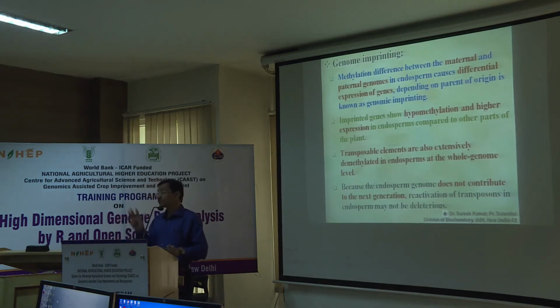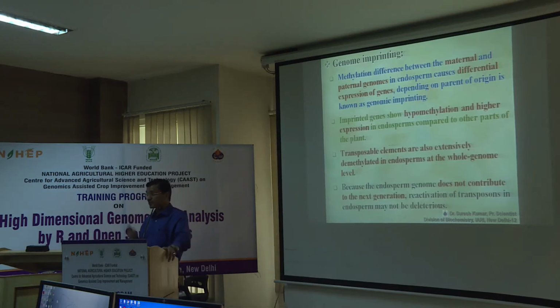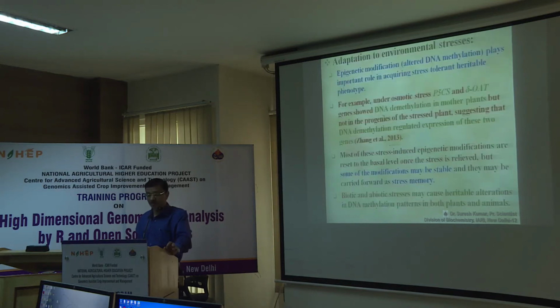It does not mean there are no such changes, but at least from the endosperm that is not happening. Either the plant will eat it while germinating, or we are going to eat the endosperm in grains, isn't it? So, they are not playing an important role in transfer of the genetic material.